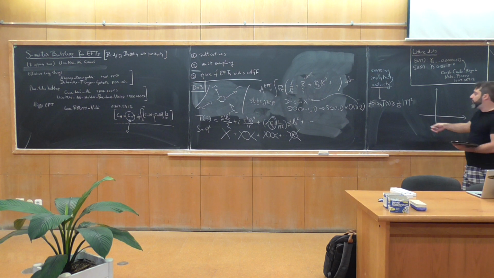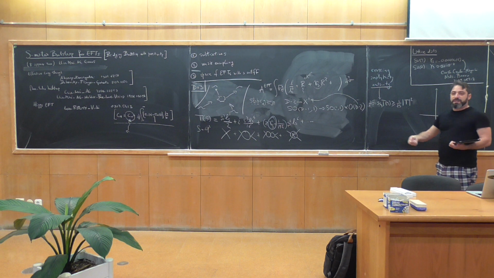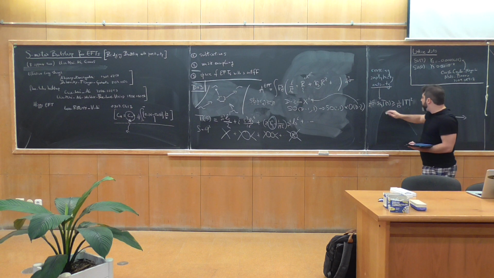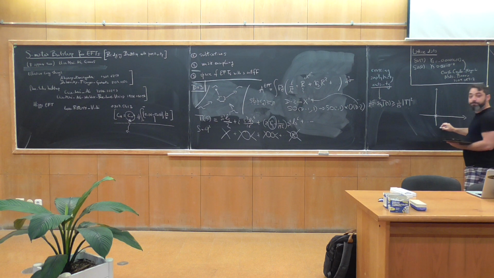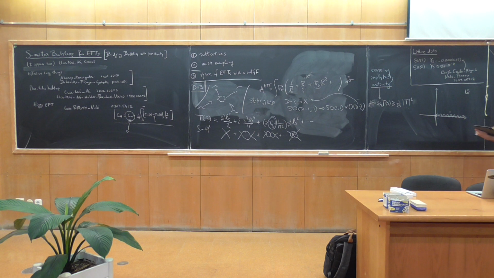And the discontinuity of the amplitude is related to the absolute value of the amplitude squared. Since our particles are massless, because those are Goldstones, the threshold is at S equal to 0. And then starting at S equal to 0, there will be a cut along the real axis. So this is unitarity. It's like a branch point and there will be a cut.